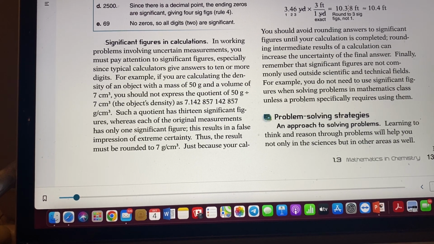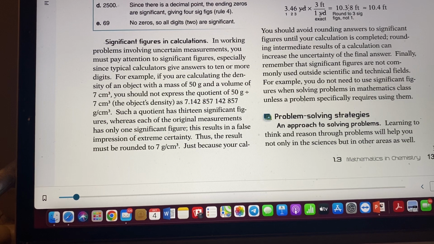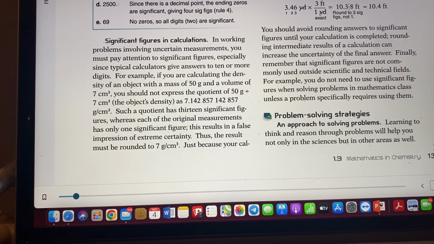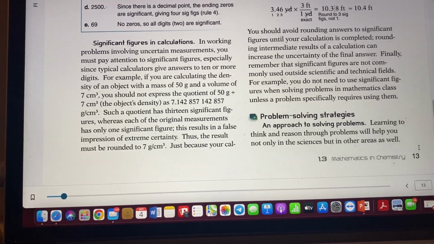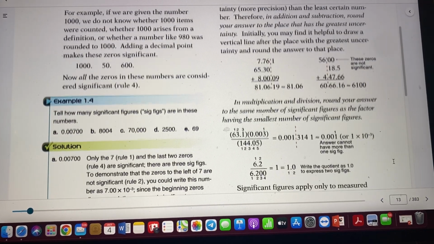Such a quotient has 7 sig figs, where each of the original numbers has only 1 significant figure. Thus, the result should be rounded to that 1 significant figure, right? So let's find out how to handle this when you're making calculations. Let's look at the examples here.